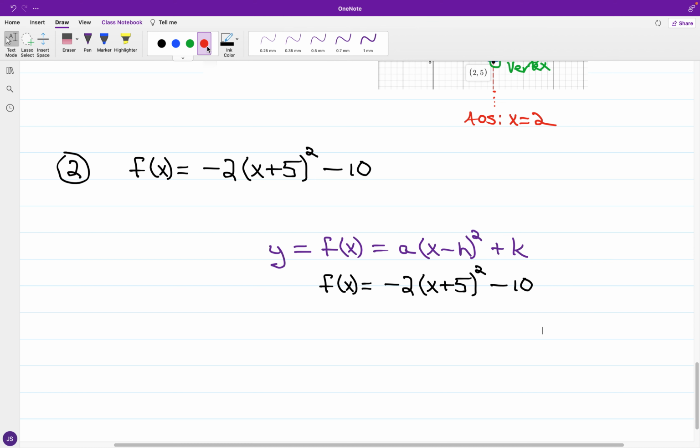Looking at what we have now, for a, in this layout, you have a is equal to negative 2. So we have that a is less than 0. And for any negative coefficient, this is going to signal that this particular function is going to open down from the vertex.